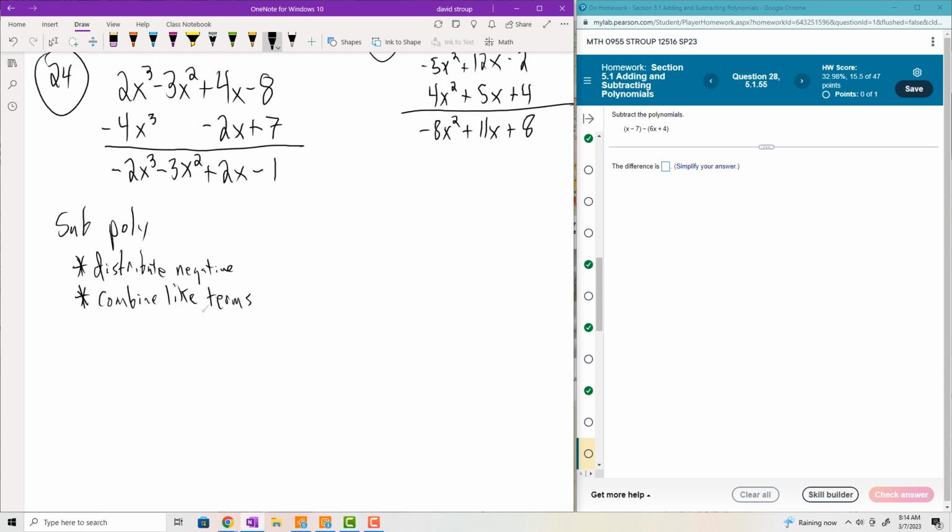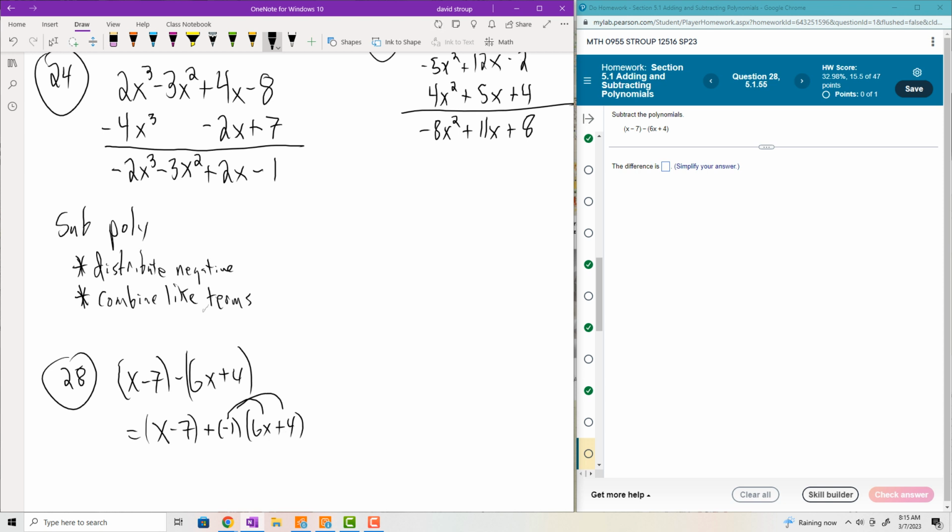Okay, so for instance, number 28, we have x minus 7 minus 6x plus 4. It should be in parentheses. So how does this work? Well, you're thinking of that minus sign as a plus negative 1. And then you're just going to distribute this negative 1 to each of these terms.